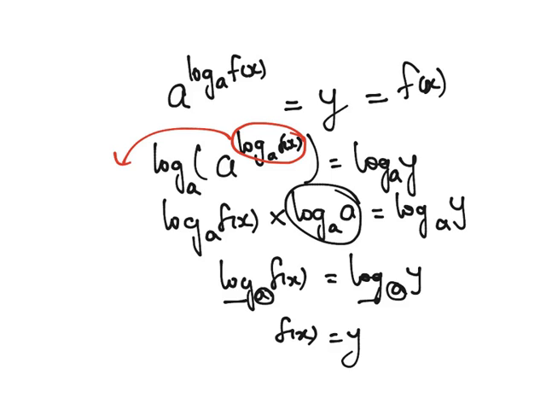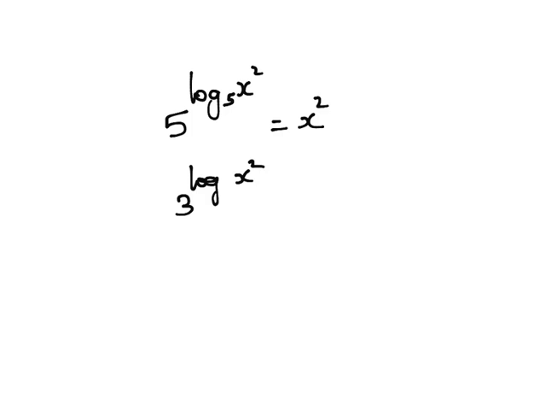Okay, so what does it mean? It means if I write 5 raised to log x square to the base 5, then it is nothing but x square. Suppose it is, let's say, 3 power log x square plus 2 to the base 3, it means just x square plus 2.